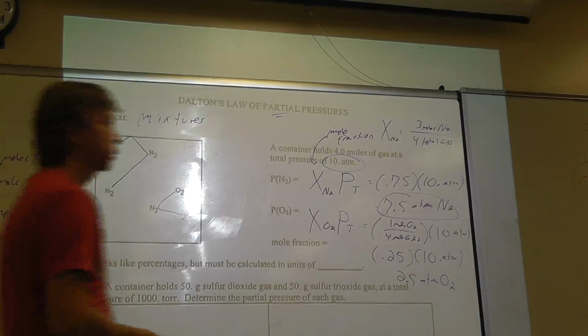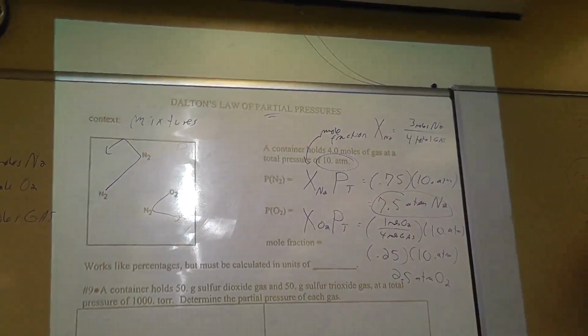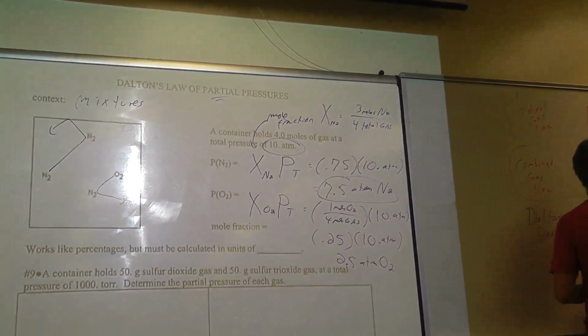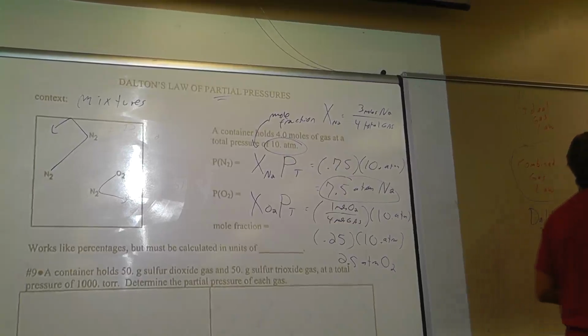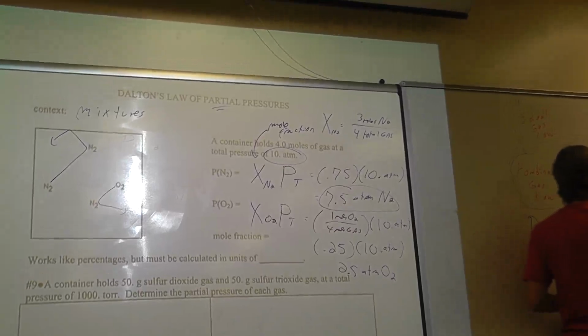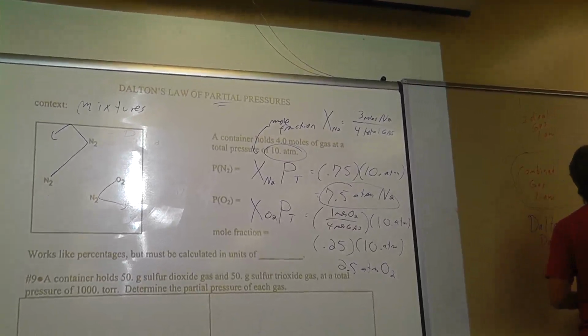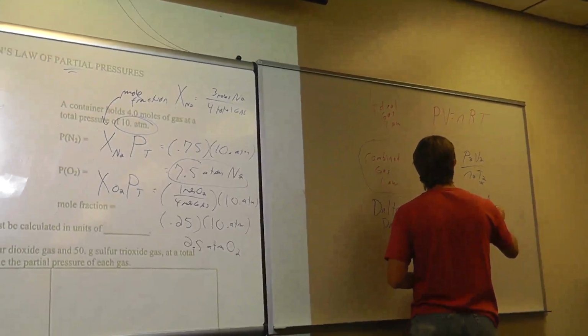So I'm going to put the formulas over here for Dalton's law. Mole fraction for just some gas, generically I'm going to use the letter A. Mole fraction for any particular gas is the moles of that gas over the total.